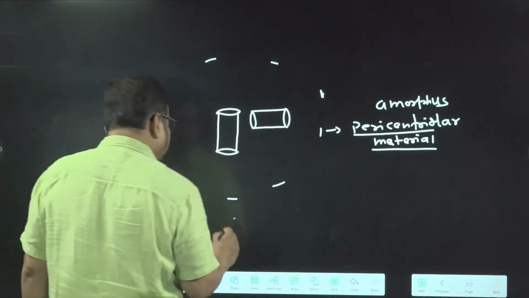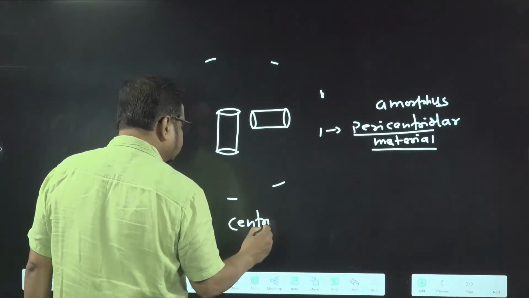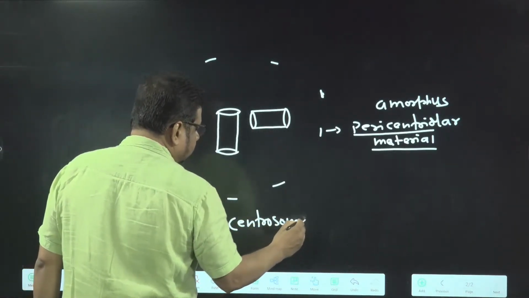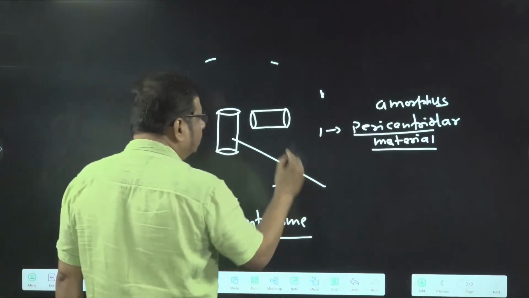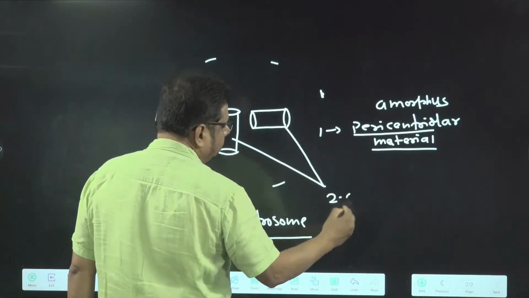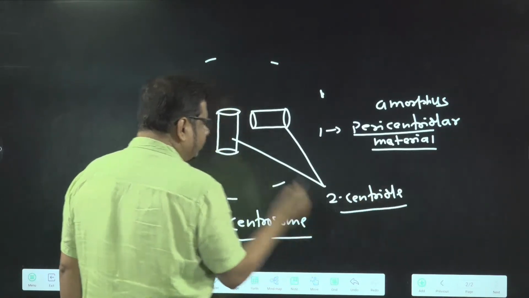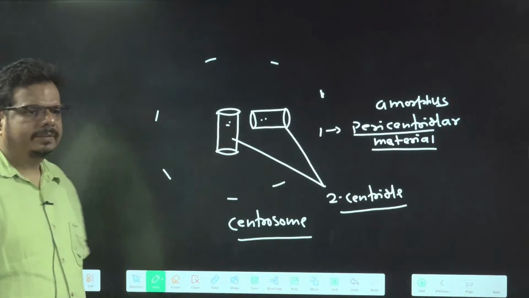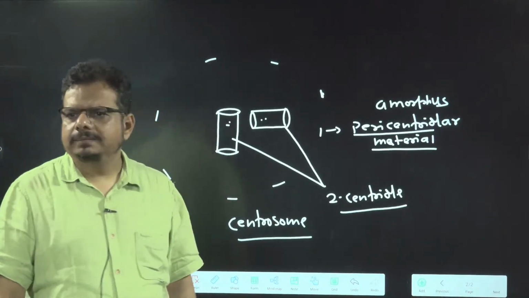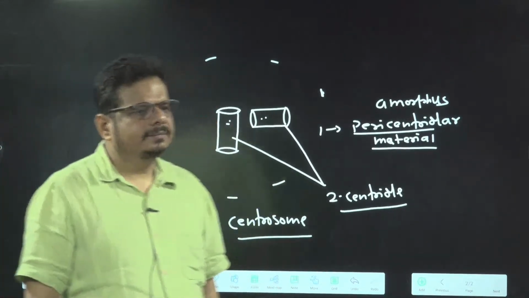So this is the structure of a centrosome. A centrosome has how many centrioles? Two centrioles, present at 90 degree to each other. Is it clear? Got the things?